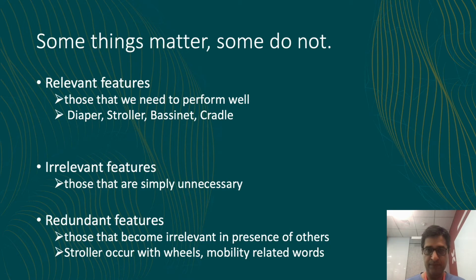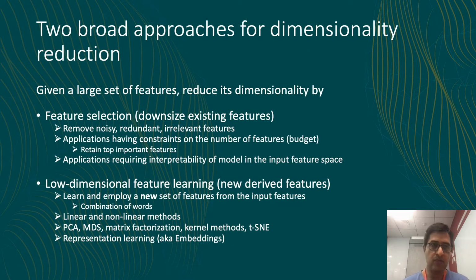So the problem becomes to find out which features are important and which are the other ones that can simply be ignored. So there are two broad approaches for dimensionality reduction. One is to carry out feature selection, where essentially you're downsizing the set of features that can be used for the prediction problem. The idea being that you want to remove these noisy or redundant features which are making your model not so predictive.